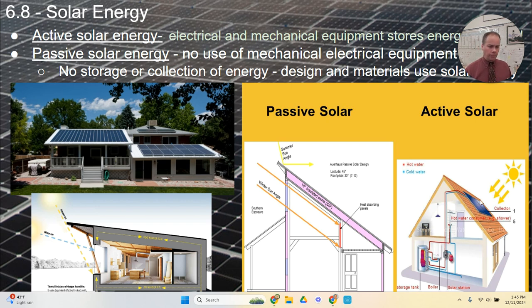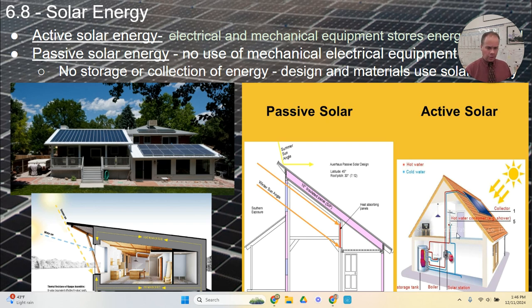Basically you're using solar energy to heat that water for household use, rather than using electric or natural gas to heat up water in a hot water tank. This is another method of using the sun's energy to heat up water, reducing energy use. But that's also active solar.